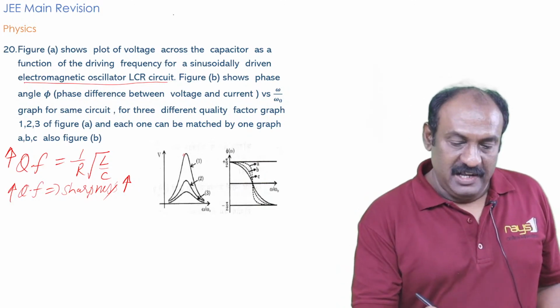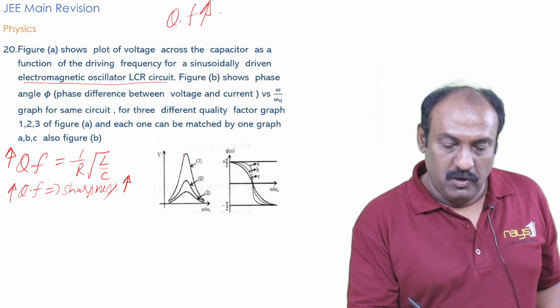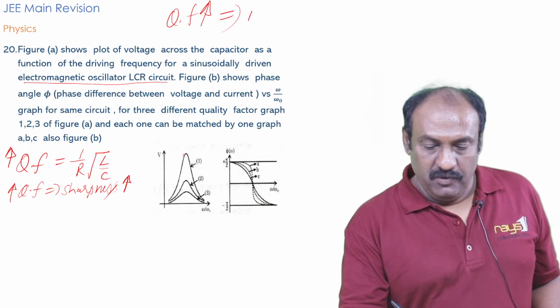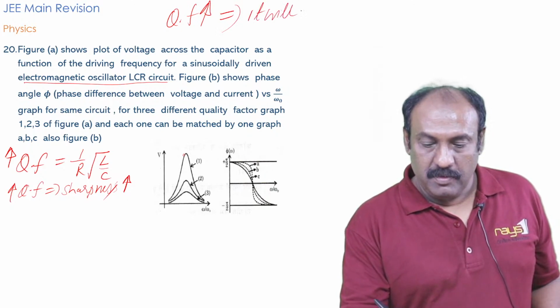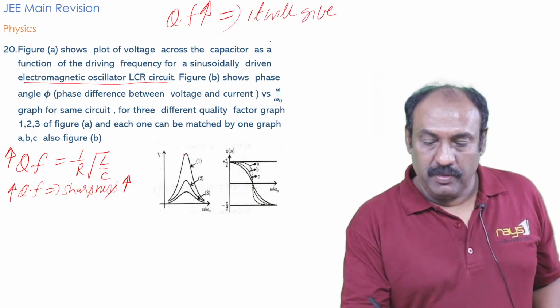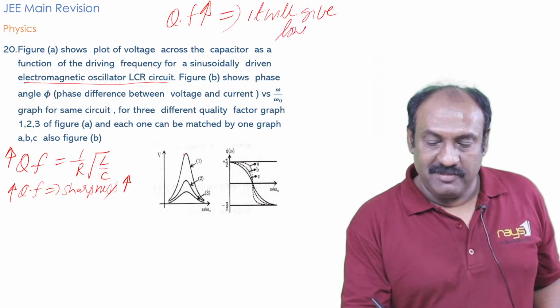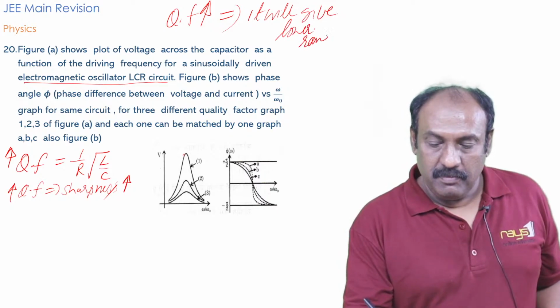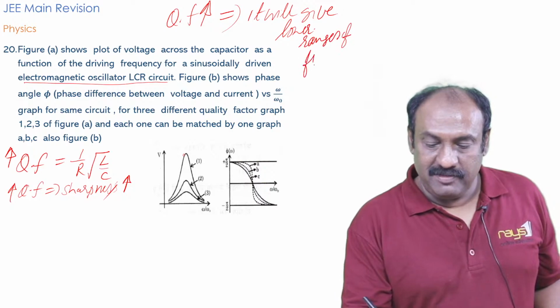If the quality factor is more, then it will give lower ranges of frequencies.